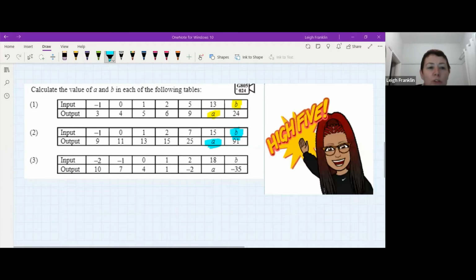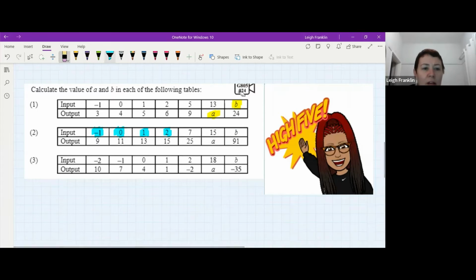So we've been doing what we were doing earlier, where we have to look for input numbers that follow one another so we can see what the difference is between the terms. That's why I'm looking here at -1, and then 0, and then 1, and then 2. Those are the only 4 numbers in my input row that follow one another. 7 and 15 do not follow one another.